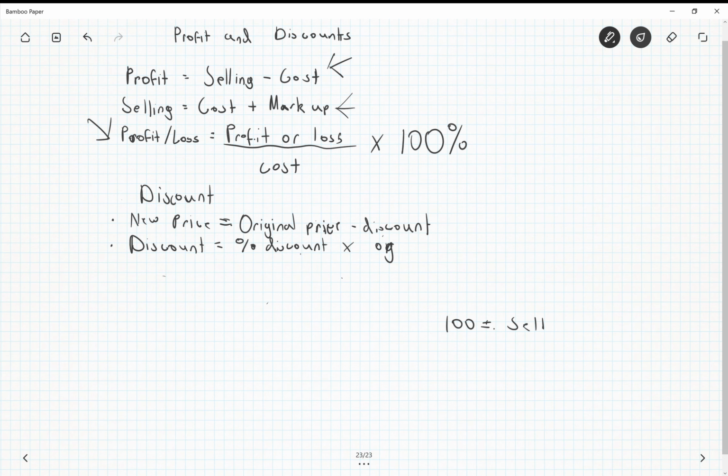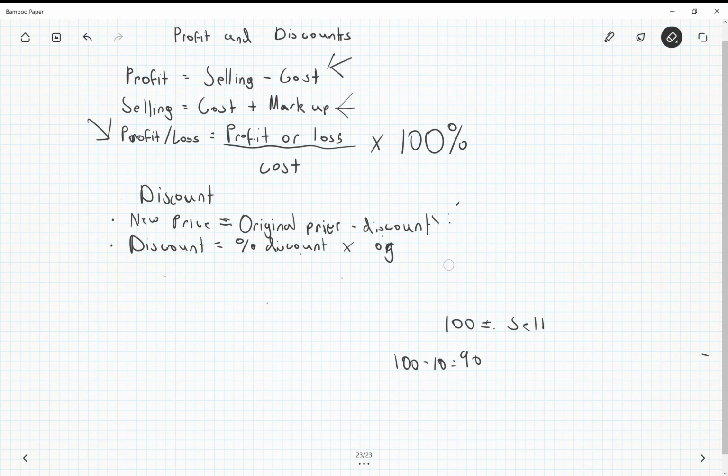That means we would end up with 90. And the way we ended up with that was 100 minus 10, which equals 90. So 100 was our original selling price, and then we subtracted the discount, which was $10, and we ended up with 90. So this is a feasible equation right here.